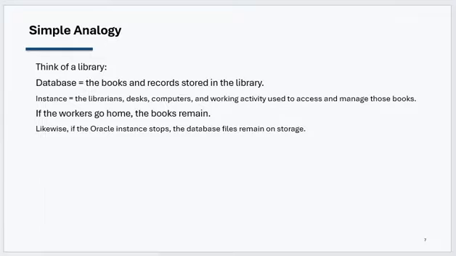That represents the Oracle instance. The books can remain in the library even when the workers go home. Similarly, Oracle database files remain on storage even when the Oracle instance is stopped. When Oracle starts again, the instance is created in memory and starts managing those database files. So books are compared to the database, and workers and the working environment are compared with the instance.